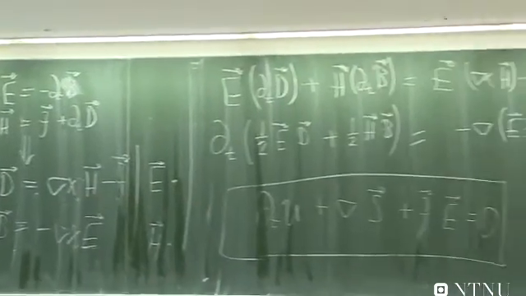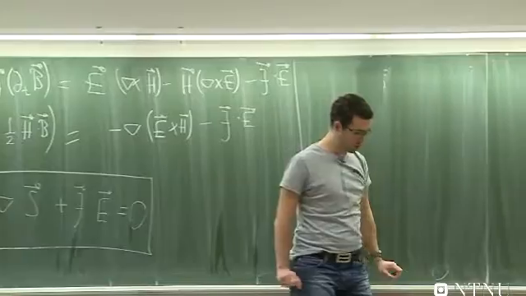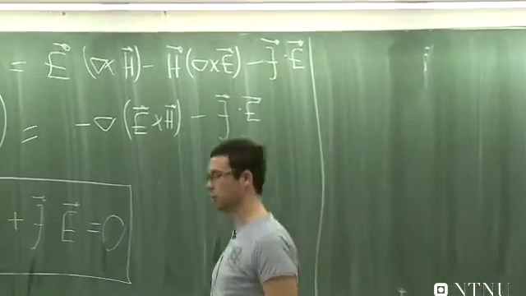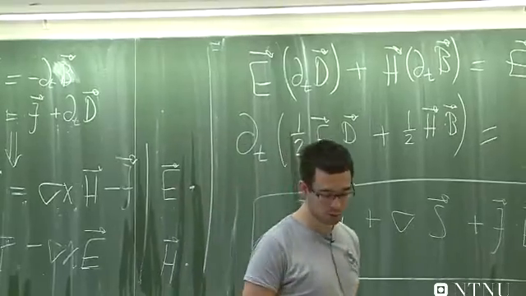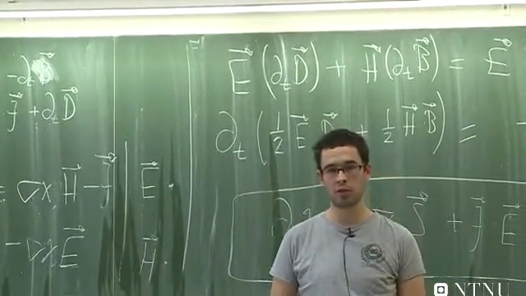And then before we move on to momentum conservation, which I'm sure you all expected by now, we have to take a small detour, and the detour will be into tensors.